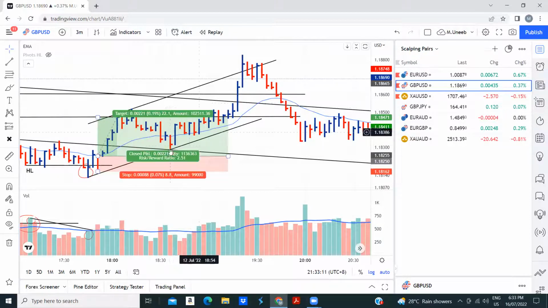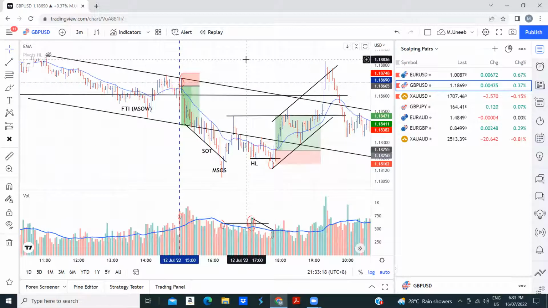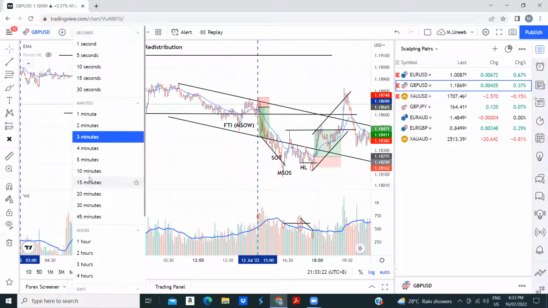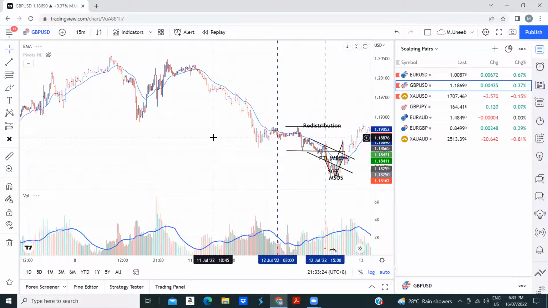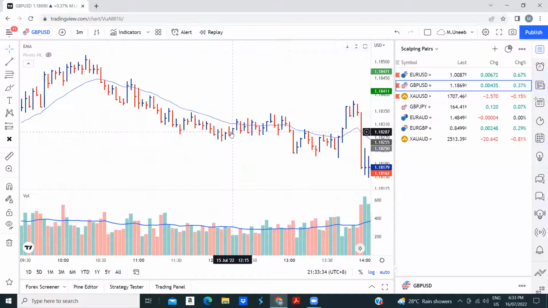And now we know that if we draw this structure here, and the price reaches this area of overbought, there is a reference line. If you go to the 15-minute time frame, you will see that it will make sense. This is FTI. After FTI, the price tested this region and then came down. Got it? The same concepts apply here.